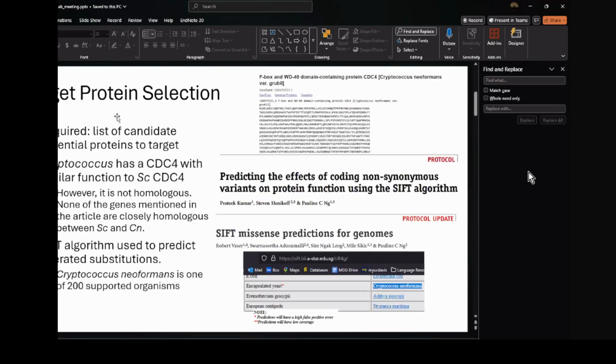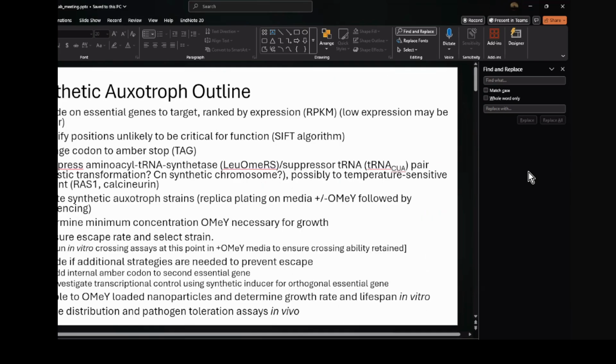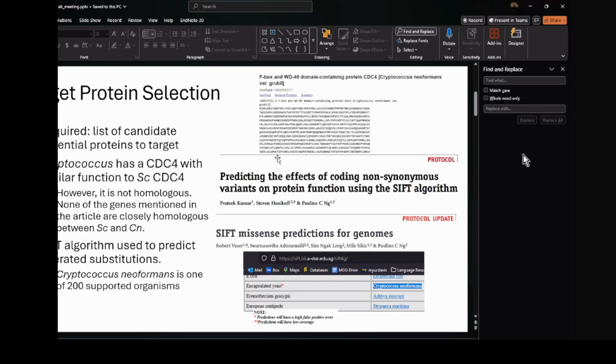Okay, so I went ahead and tried to do a little bit of the first step here of identifying a target protein. For most of their paper, they're talking about CDC4 and CDC27. Genes of that name with roughly the same function do exist in Cryptococcus, but I looked into it, and they're not homologous. I decided to go with CDC4 anyway, just as a trial run to see how you would actually go about selecting it.